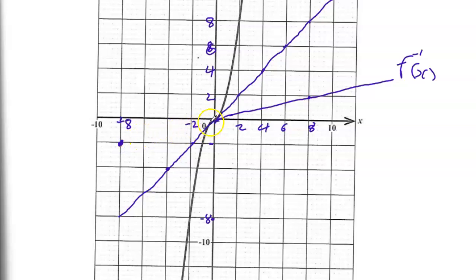So this graph would pass through this point, and it should look something like that. Good. So that's how you reflect a point in the line y equal x. The coordinates swap places. Where this is (-2, -8), it would be (-8, -2). So the inverse function would pass through the point (-8, -2).